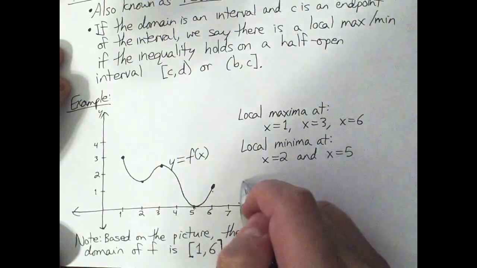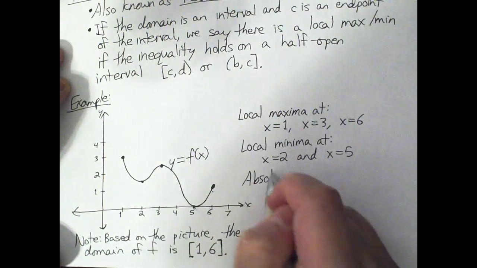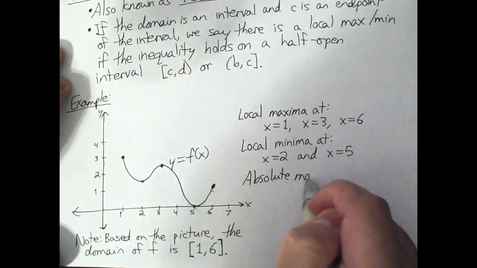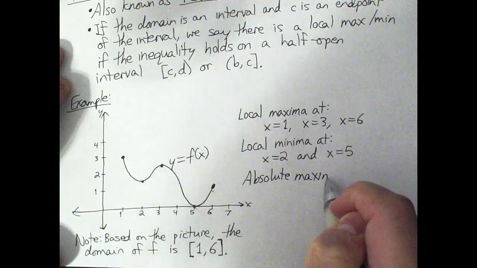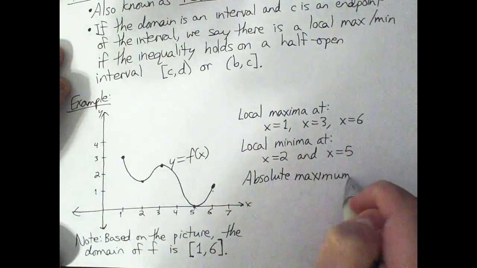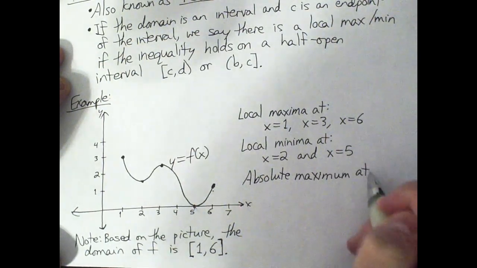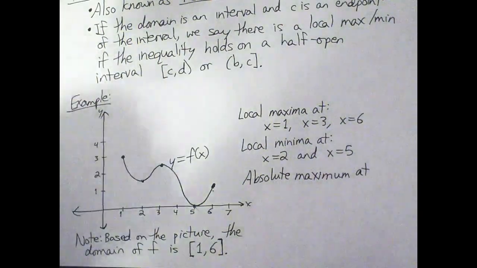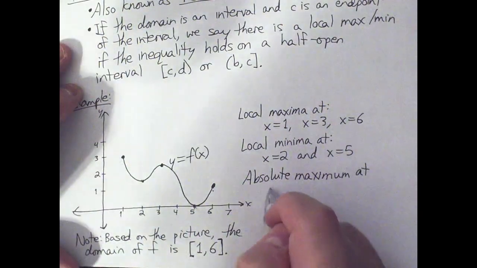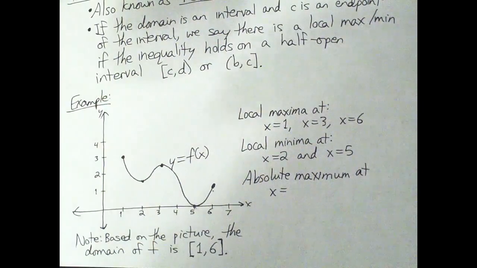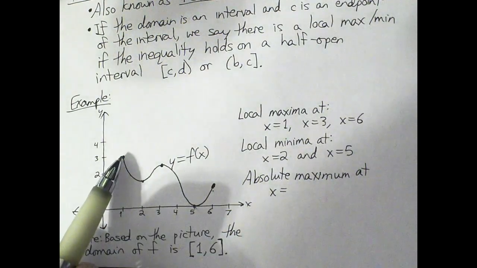Let's talk about absolute maximum. At, all right, so it's going to be x equals something. Yeah, we're looking for the highest point on the curve, and this is going to be here.